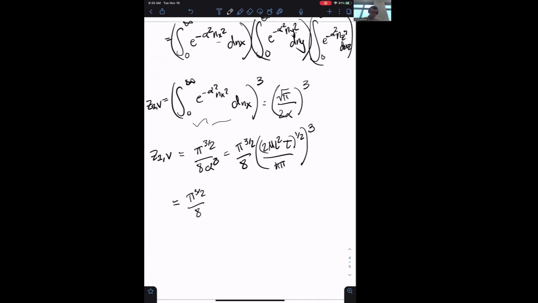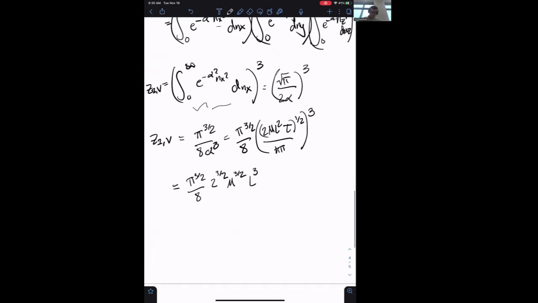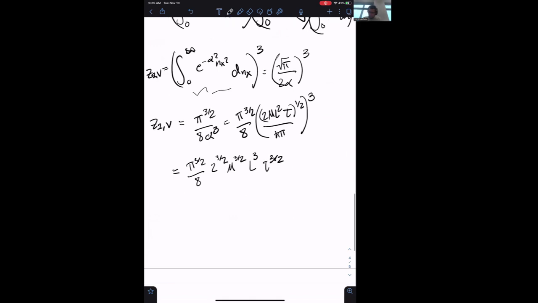Just doing some algebra here now. This gives you 2 to the 3 halves, m to the 3 halves, L cubed. That's volume times tau to the 3 halves, h bar cubed pi cubed.